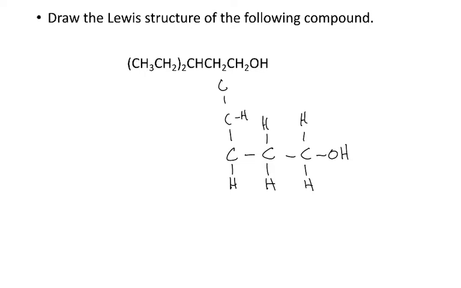So here's my CH2. There's one of the CH2, CH3s. And then here's the other CH2, CH3. So my strategy is usually do everything except the parentheses, and then I go back and put the parentheses in at the end.